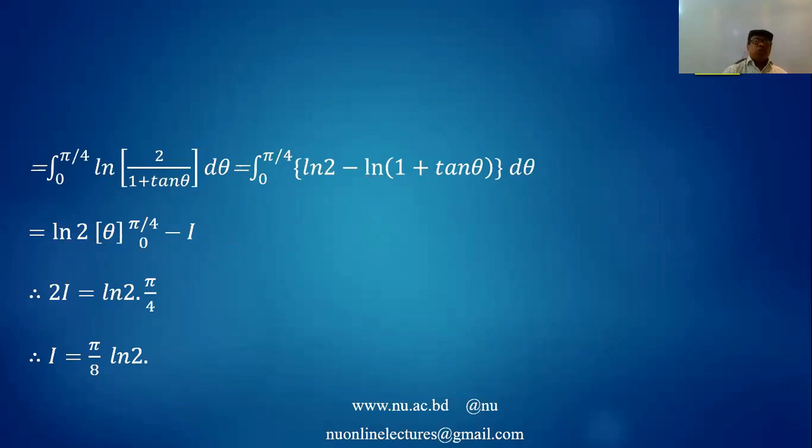So ln 2 times theta from 0 to pi by 4. If you substitute these two values, it will be ln 2 times pi by 4, and on the right side minus I. If we take it to the left side, it will be twice I equal to ln 2 times pi by 4. That's why finally we found I equal to pi by 8 into ln 2.